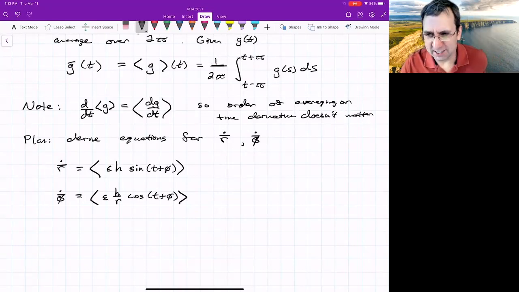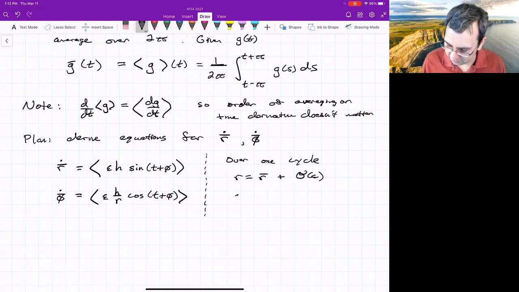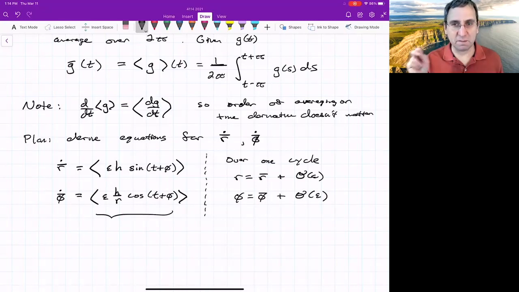So the right-hand side depends on r and phi, not r bar and phi bar. We're going to assume that over one cycle, r equals r bar plus something of order epsilon, and phi equals phi bar plus something of order epsilon, some change of order epsilon. So everywhere in the averaged right-hand sides, we'll replace r and phi by r bar and phi bar.